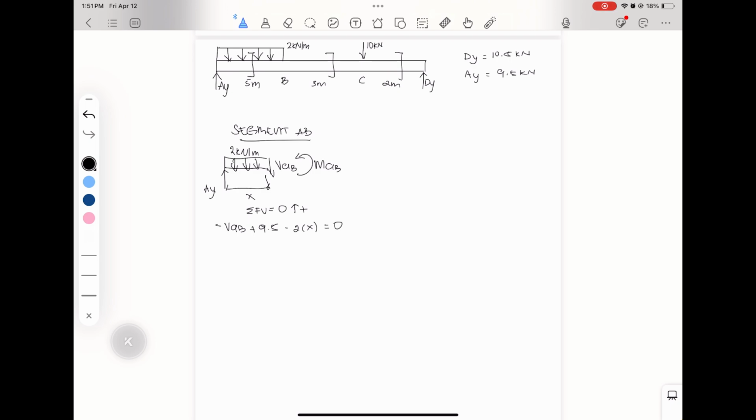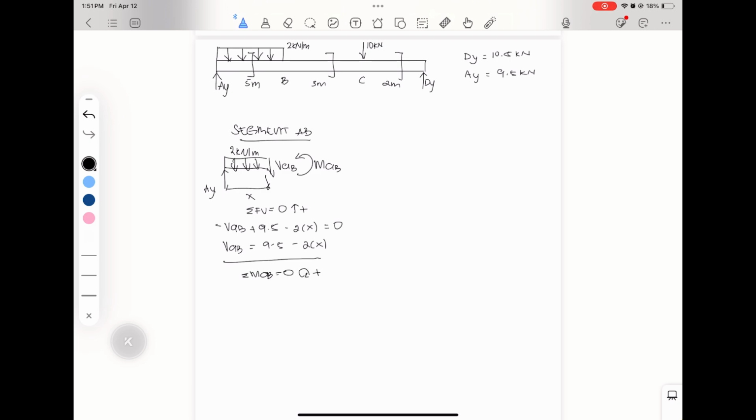Now transpose VAB. So VAB is equal to 9.5 minus 2 multiplied by X. So this is the shear for segment AB. And then next is the moment. Summation of moment AB is equal to 0.